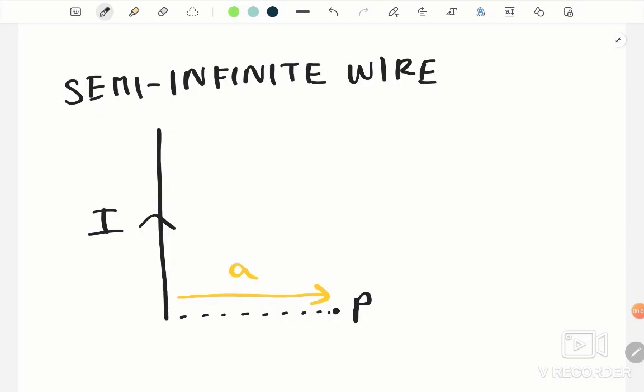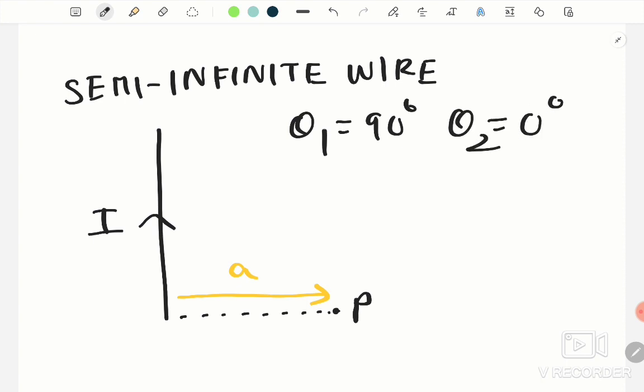Yes students, in this slide we will check the value of the magnetic field at point P in front of a semi-infinite wire. Semi-infinite wire means that this wire will go towards infinity in the upward direction and its lower point is in front of point P. Guys, in such a case, we'll take the first angle theta 1 as 90 degrees and the second angle will be equal to 0 degrees.